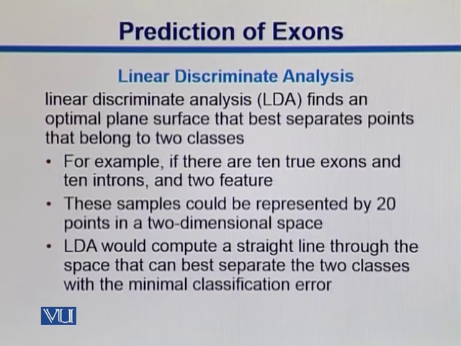If we get their characteristics, their probabilities or frequencies as far as those coding regions are concerned, we get their distributions, and we plot them for all these 20 samples, 10 of them exons and 10 of them introns. If we plot them together, LDA would try to separate them into two distinct classes.